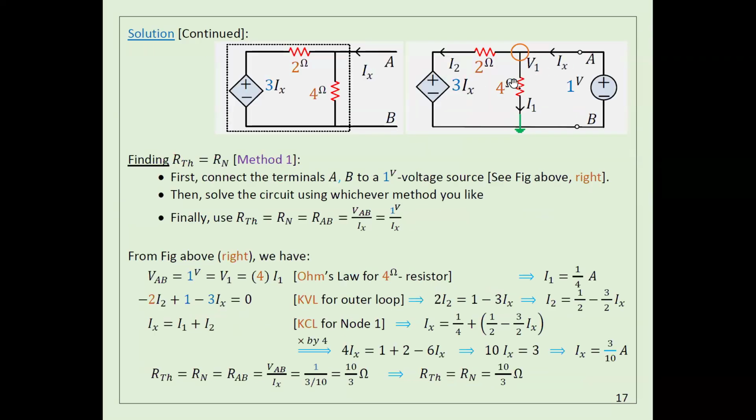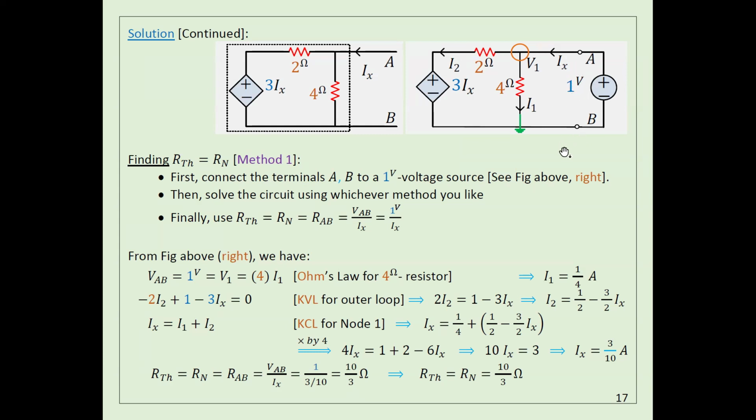The way I'm going to calculate the resistance is, I will add here an independent voltage source, and the amount of this voltage source is 1 volt.